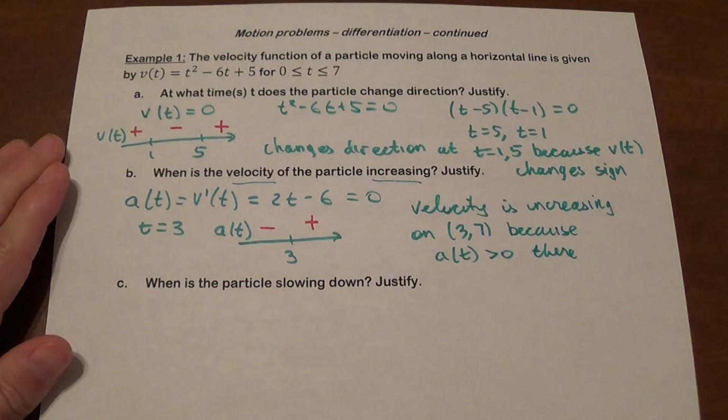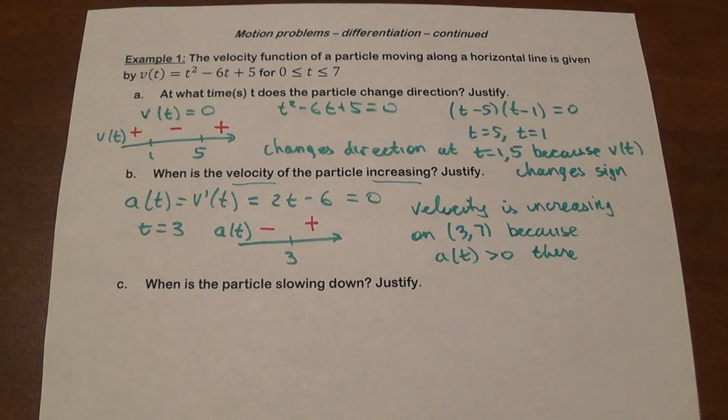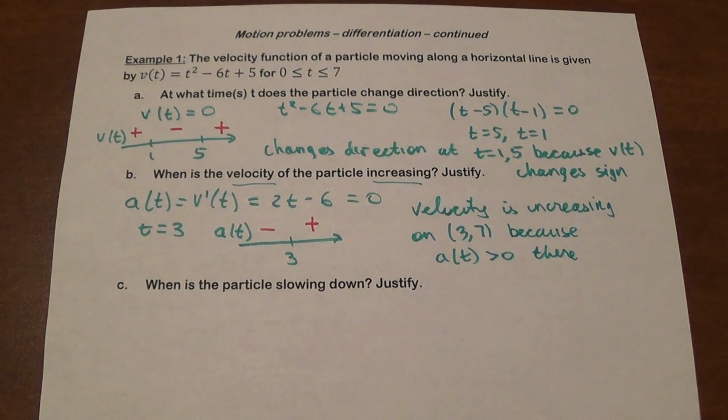The acceleration is positive there. Okay? And now that's just to show you the big difference here. The particle is going to be slowing down when the velocity and acceleration have different signs.